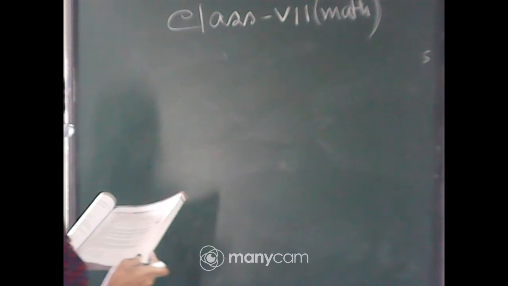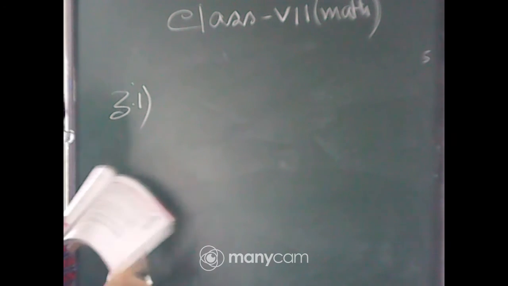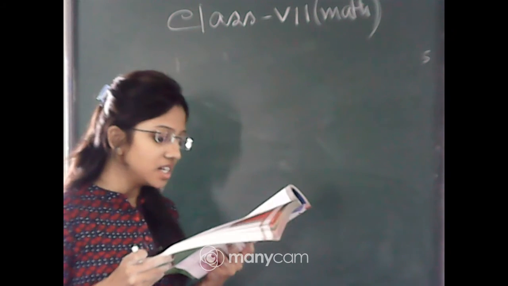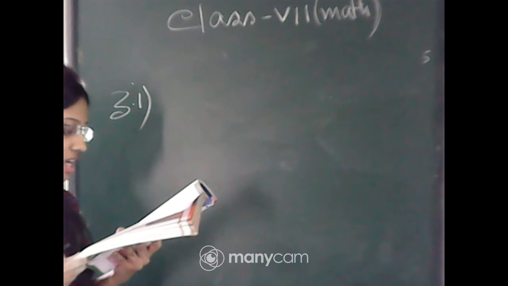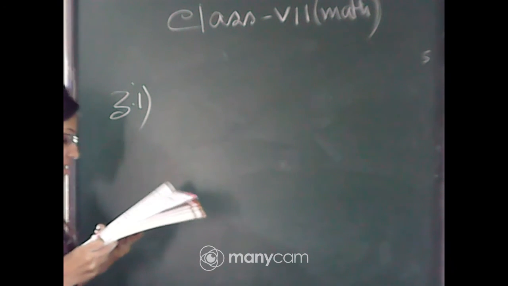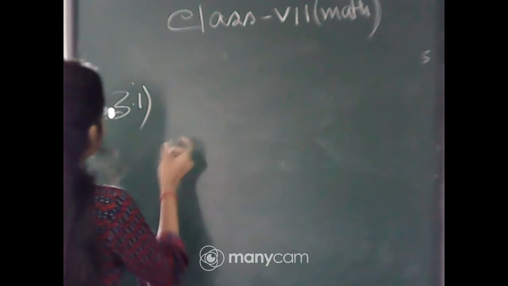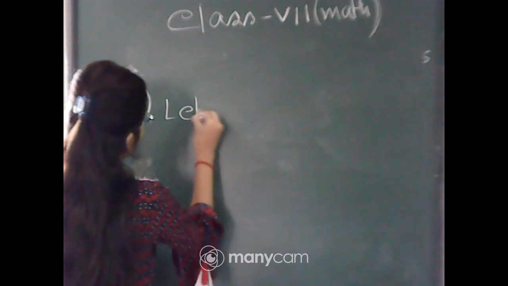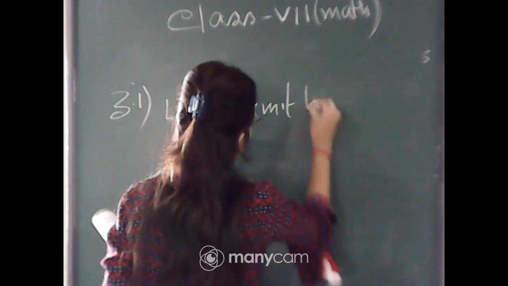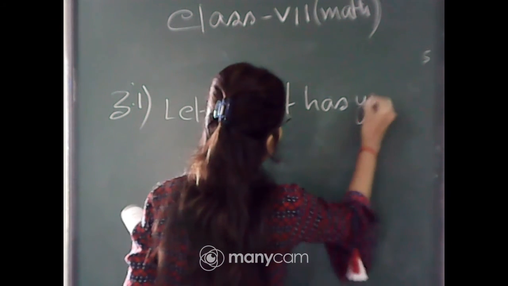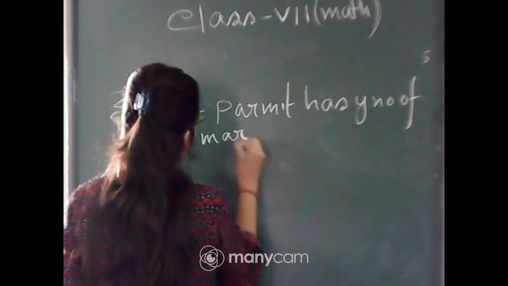Next, question 3.1. Irfan says that he has 7 marbles more than 5 times the marbles Parmit has. Irfan has 37 marbles. How many marbles does Parmit have? First, let Parmit has y number of marbles.